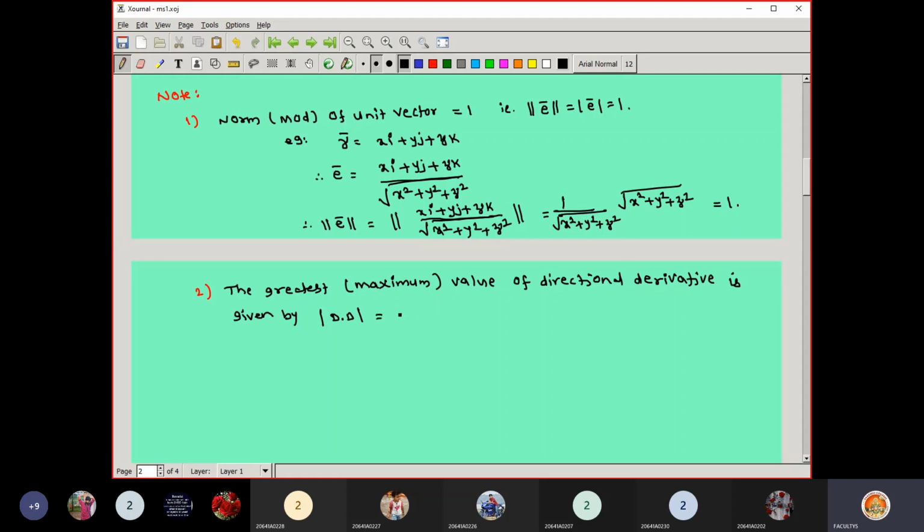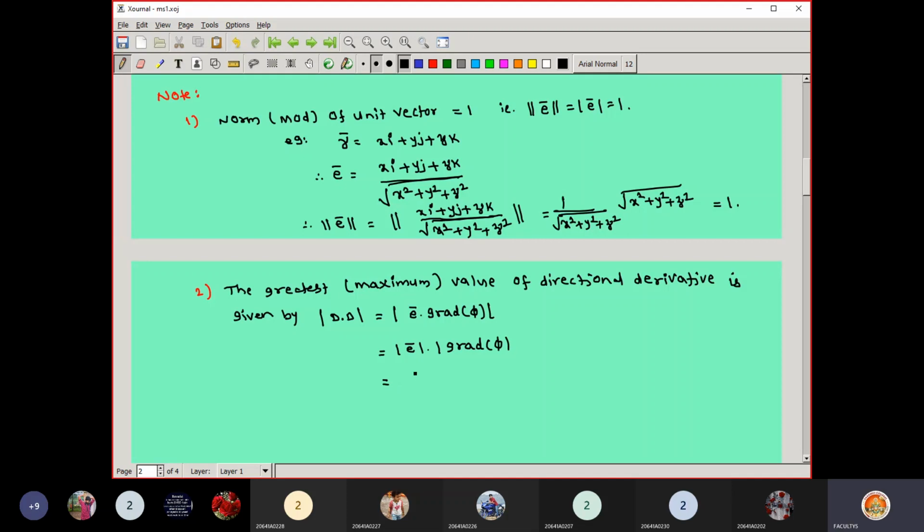The meaning of this is, modulus of directional derivative means it is calculated as E bar dot gradient of some scalar phi. If you expand this modulus, it is modulus of E bar dot modulus of gradient of phi.